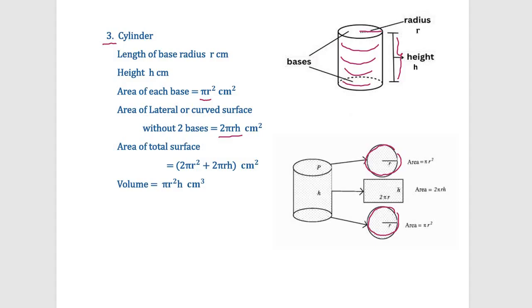So we get 2 pi r square plus 2 pi r h centimeter square. Again, the volume of the cylinder can be found with the formula pi r square h centimeter cube. This is how we can find the surface area and volume of a cylinder.